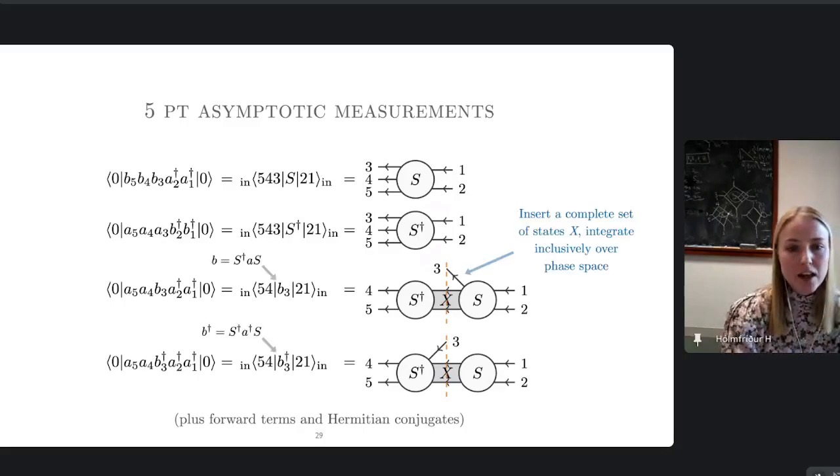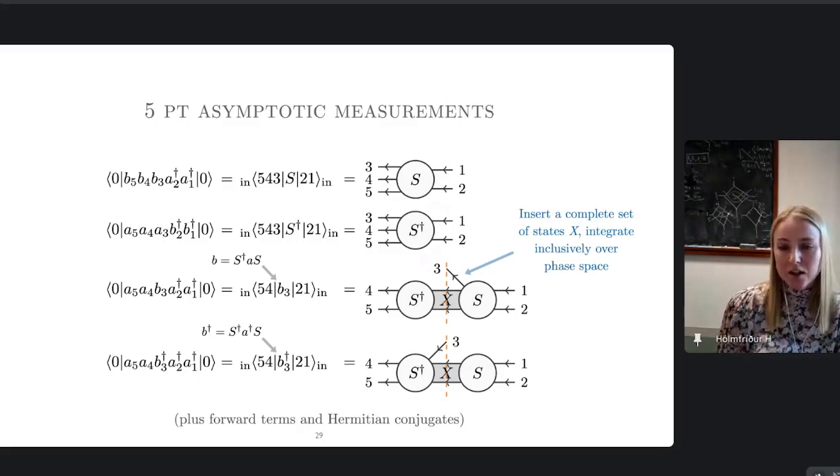So we can again play the game of writing B as S dagger B S and insert a complete set of states in here. Pictorially, what we get is this not quite amplitude, not quite conjugated amplitude object on the right here.